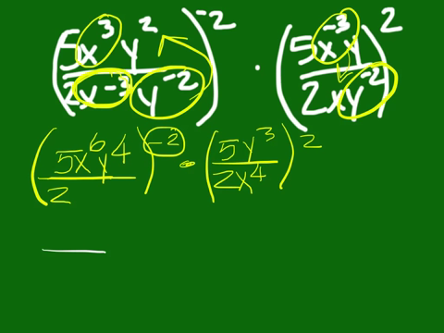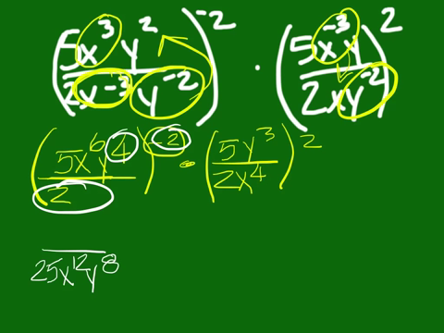Yeah, by negative 2, and it's going to make everything go to the bottom, so we can go ahead and do that as we talk it out. 5 squared is 25, and then x to the 6th to the 2nd, x to the 12th, and then y to the 4th to the 2nd, y to the 8th, and it has to go to the bottom because that was a negative 2 exponent. What happens to this? It multiplies by the negative 2 and it goes to the top. It becomes 4. Yes, it'll become a 4 on the top.